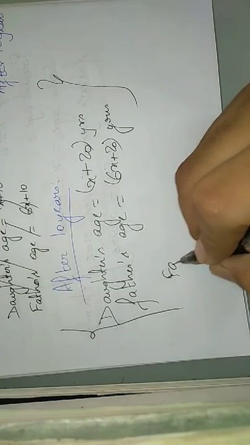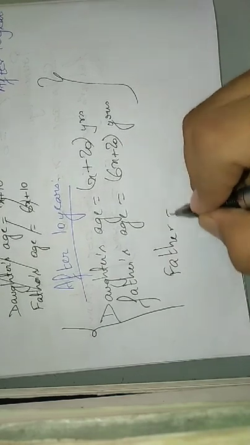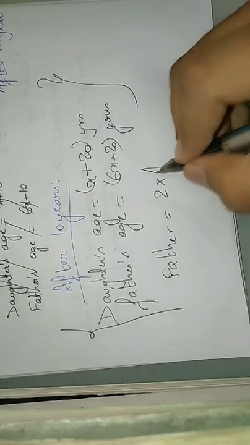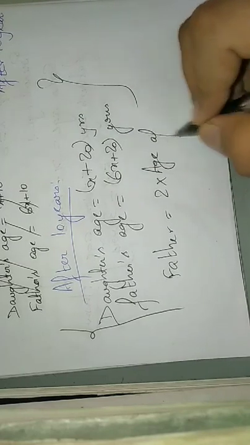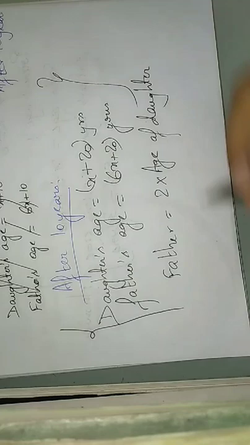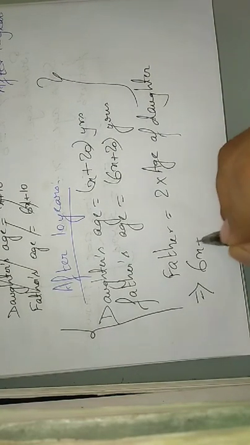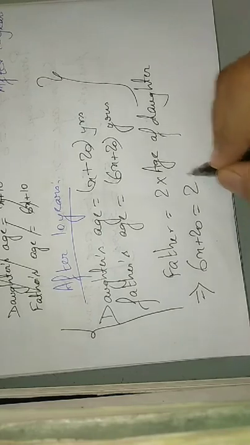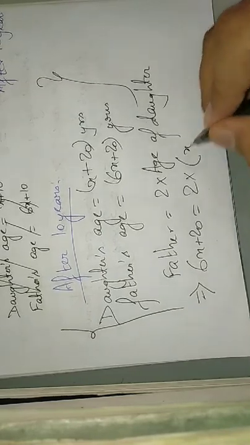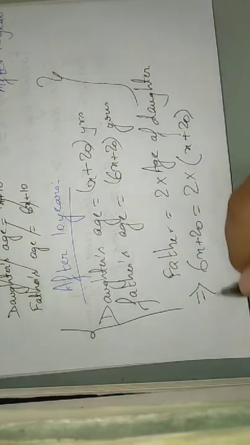So the father will be twice as old as daughter, so twice into the age of daughter. So what is the father's age? 6x plus 20, right, is equal to 2 into the age of daughter, x plus 20, right?